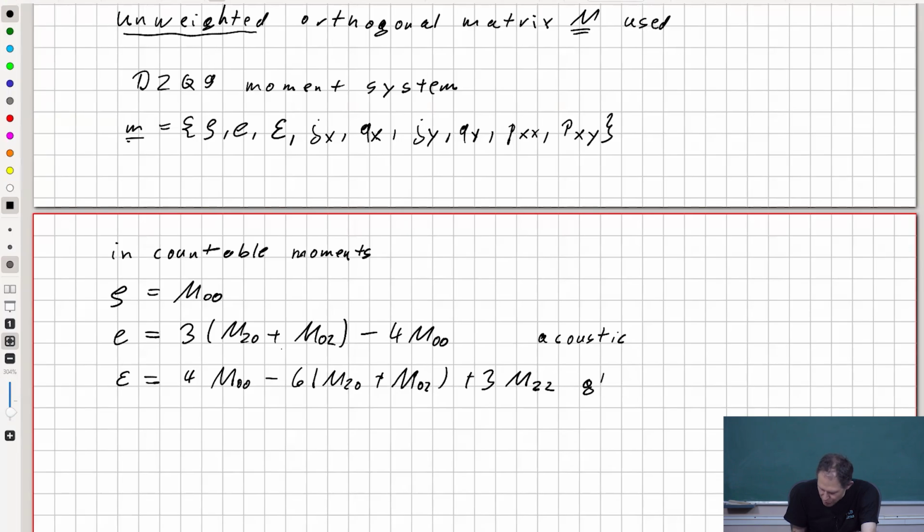And this is a ghost moment. I hope you get an idea why I don't like this. Why does this look like this? Zero moment, second moment, fourth moment. All put in one moment.